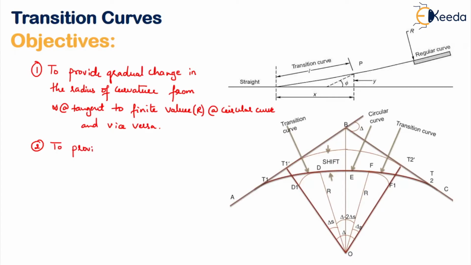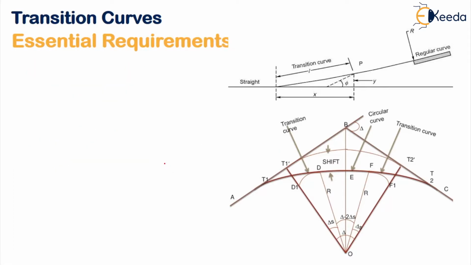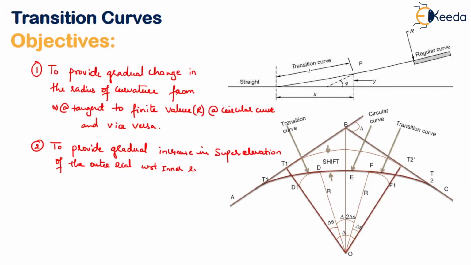To provide gradual increase in super elevation of the outer rail with respect to the inner rail to avoid what? Shocks and severe jerks. For this reason also we have to provide transition curves.